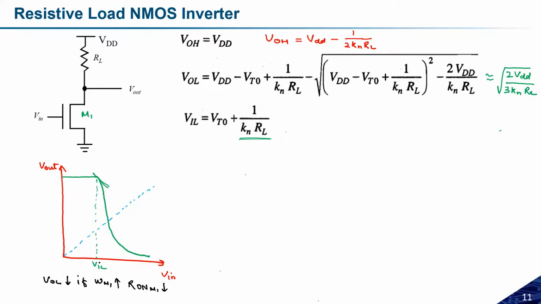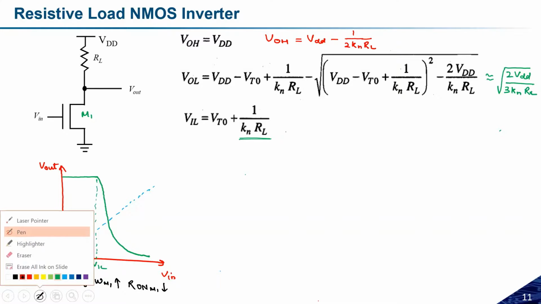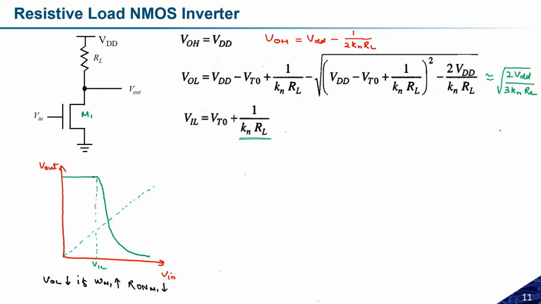Let me change the color. This curve will move in this direction if the strength of M1 is reducing.